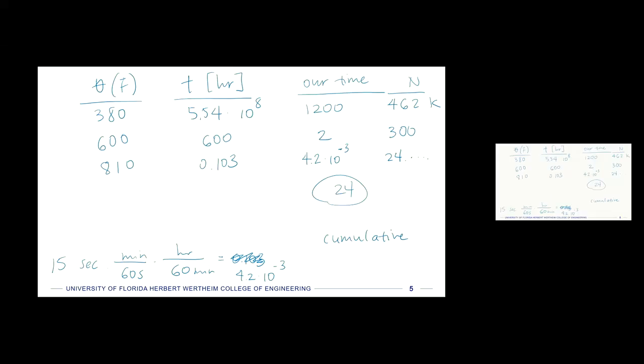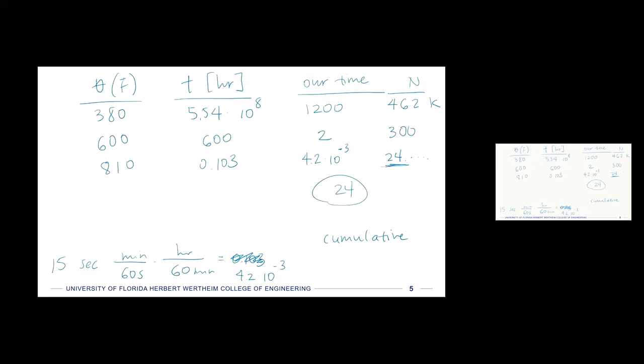And so if you wanted to do this in a cumulative way, you could, where you calculated not just how many cycles this one would last, but you said if the time to take one cycle is X amount, like 380 degrees Fahrenheit for 1,200 hours, you could calculate the expected creep strain from that one phase. And then 600 degrees Fahrenheit for 2 hours, and then the creep strain from that, and add it together.